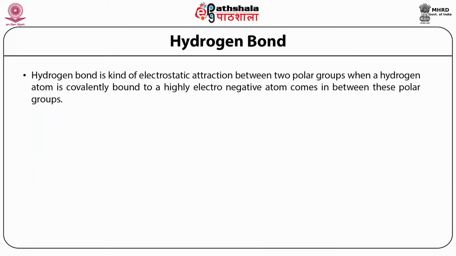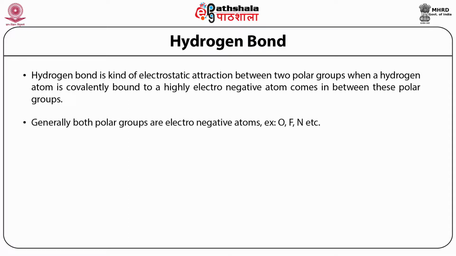Hydrogen bond. Now, a hydrogen bond is a kind of electrostatic attraction between two groups when a hydrogen atom covalently bound to a highly electronegative atom comes in between these two polar groups. Generally, both polar groups are electronegative atoms such as oxygen, fluorine, nitrogen, etc. These are generally weaker than covalent and ionic bonds, and a classical example is the hydrogen bonds in water.